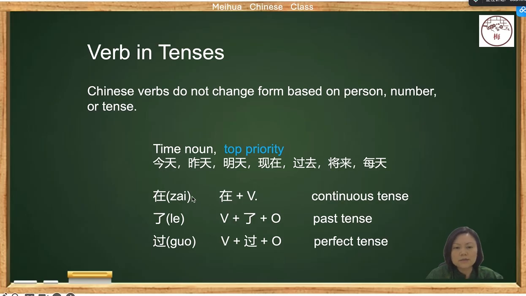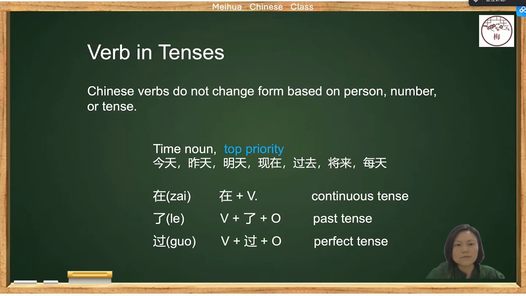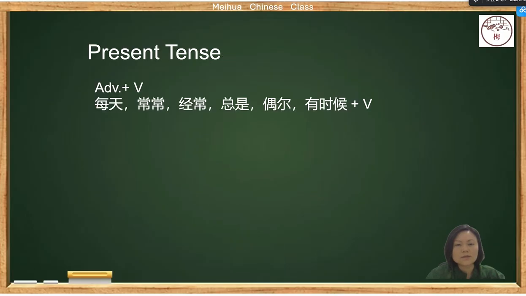So it's 在, 了, 过. We use these three characters to indicate whether the verb is happening, happened in the past, or happened in the past and finished. So let's look at how we make the sentence in each tense.